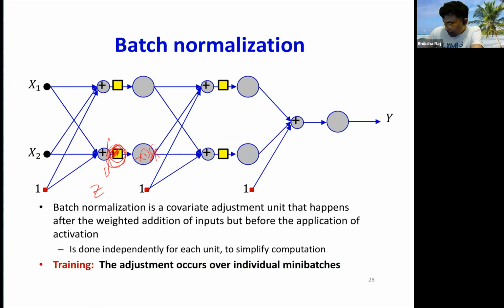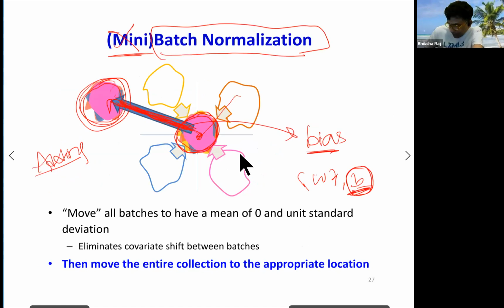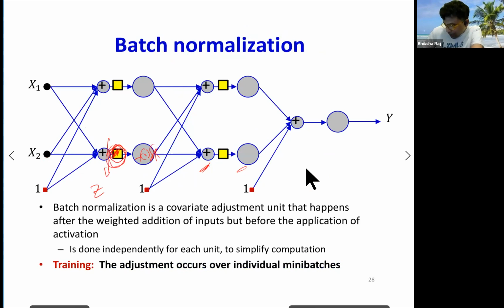So now, something here, right? Batch norm is performed between the computation of the Z and the computation of the F. And the final shift and scaling that we performed over here is actually going to be separately performed for each unit.